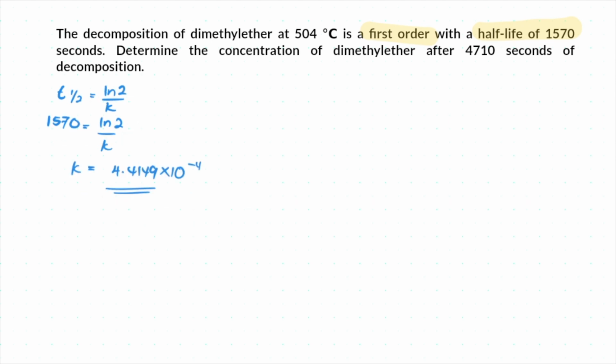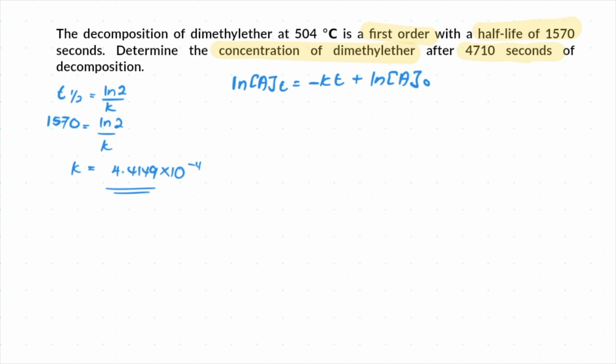Since this follows the first order reaction, we can use ln At is equivalent to negative Kt plus ln A naught. The question asks you to find the concentration of dimethyl ether after 4710 seconds of decomposition. Therefore, we are going to assume your A naught is equivalent to 1.